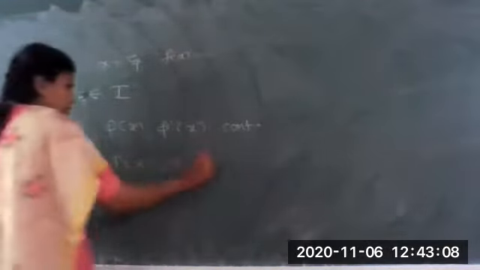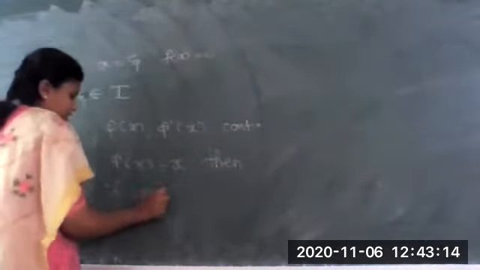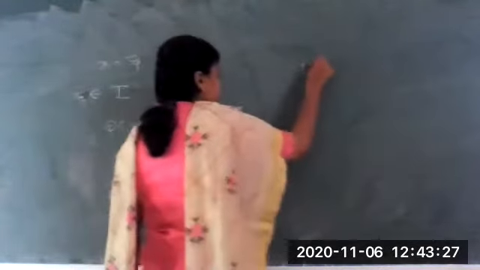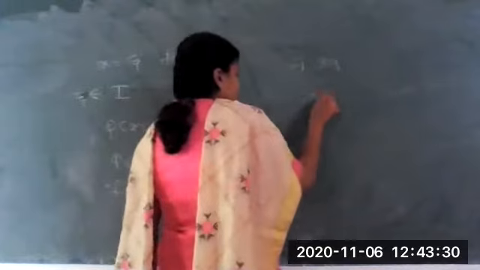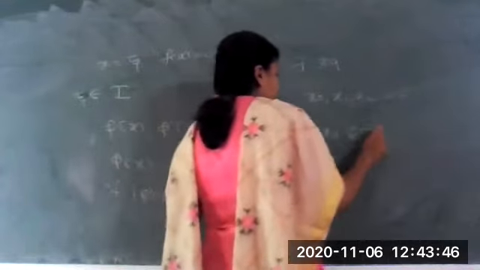Then if mod of phi dash of x is strictly less than 1 for all x belonging to I, then there exists a sequence of approximations x0, x1, x2, and so on up to xn, which converges to the root zeta, provided the initial approximation x0 is taken from the interval I.